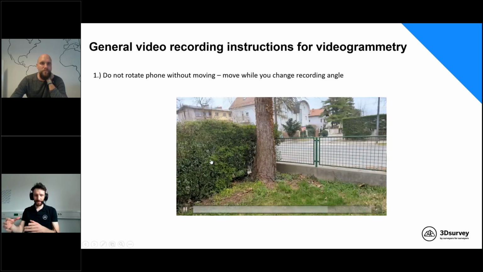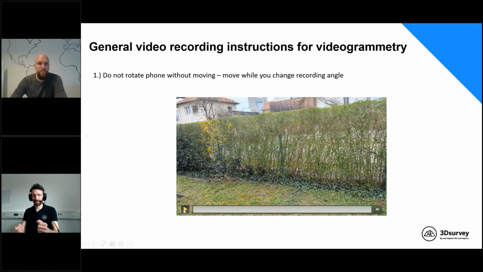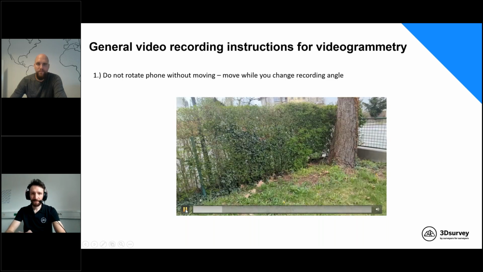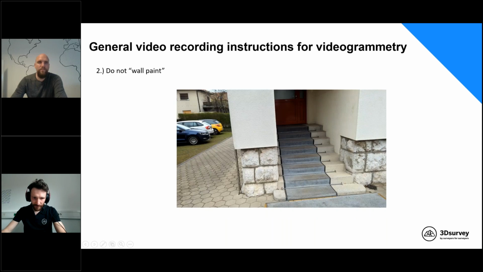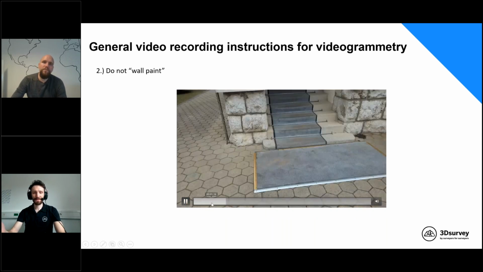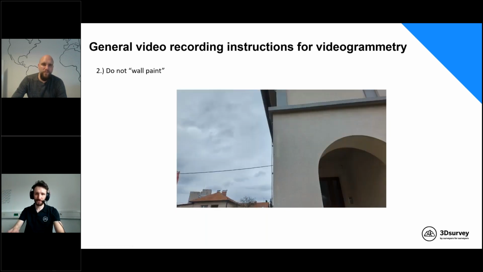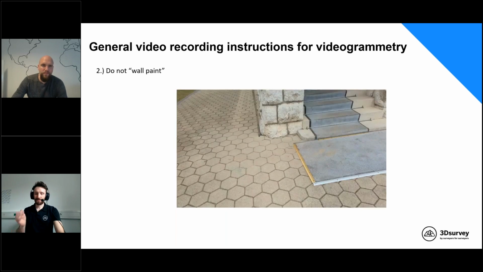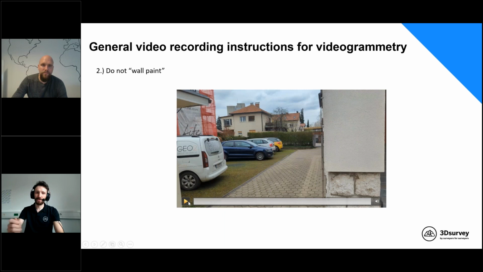Imagine you're towing a trailer and you can't really turn it on the spot. You have to go back and forth, something like that. The next thing would be, don't wall paint. What I mean by wall paint is going up and down with your phone like this. This will give you bad results because you're getting a lot of images, but they all have the same coordinate.